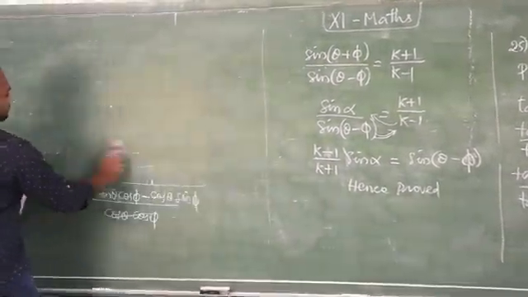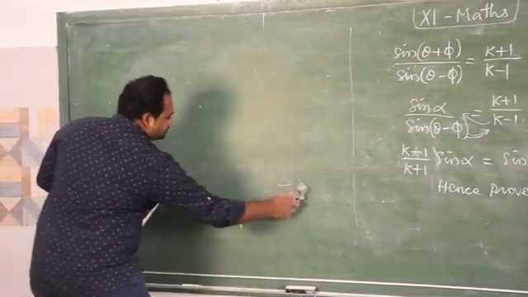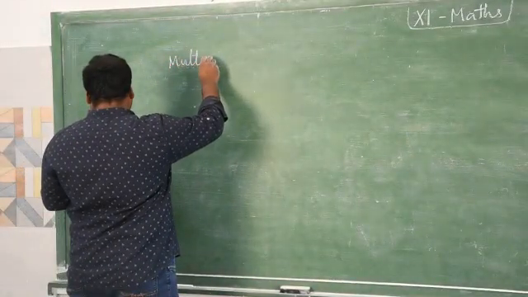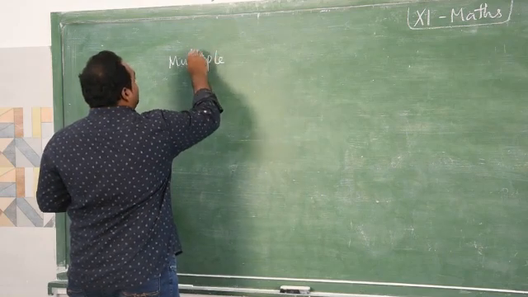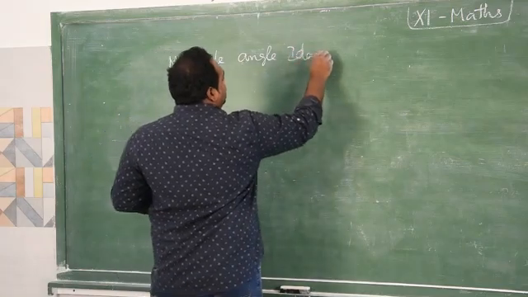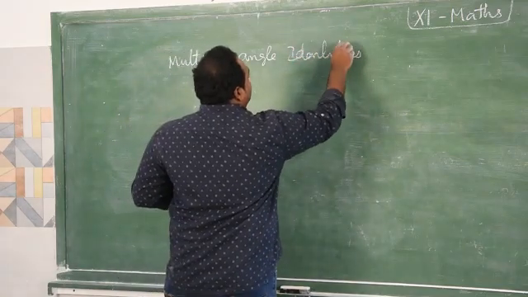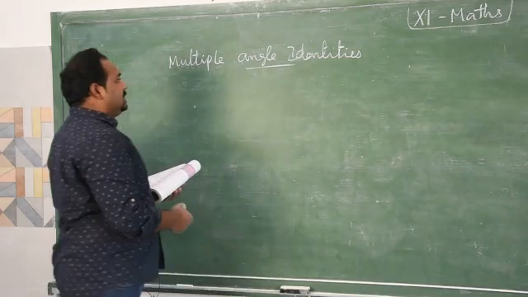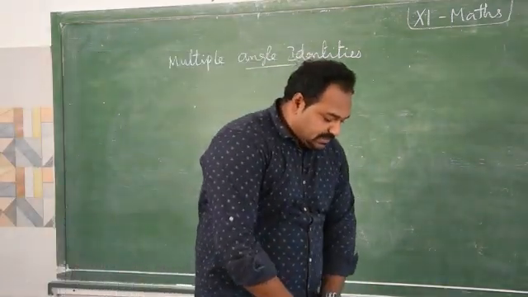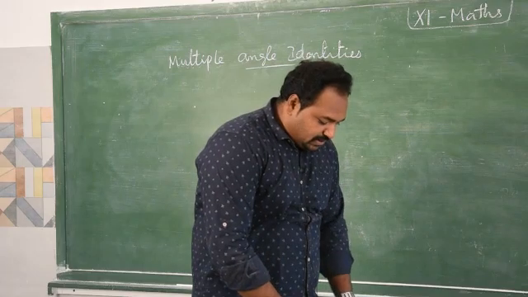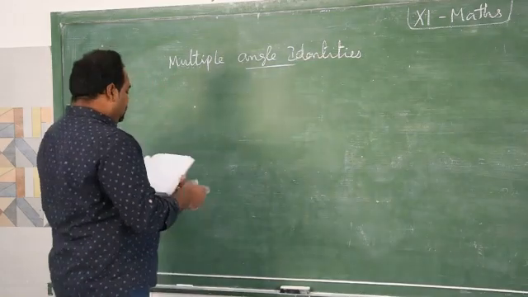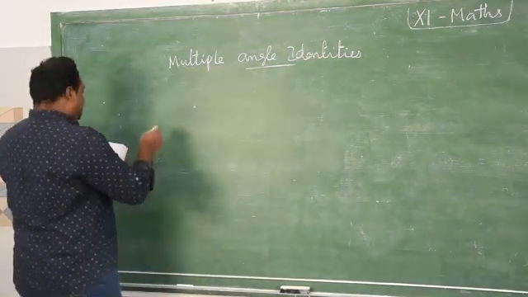First topic, multiple angle identities. We have some multiple angle identities. I am going to give all the identities. You just note them down and memorize all of them. It is very important and very essential.